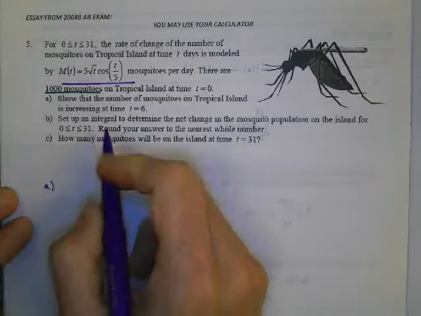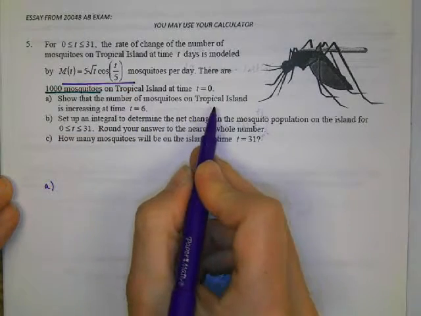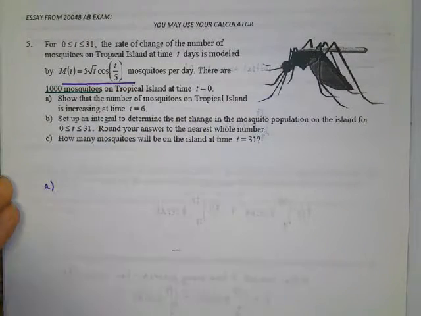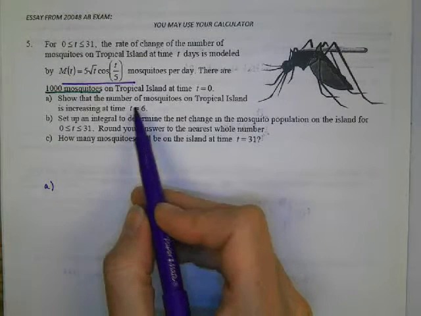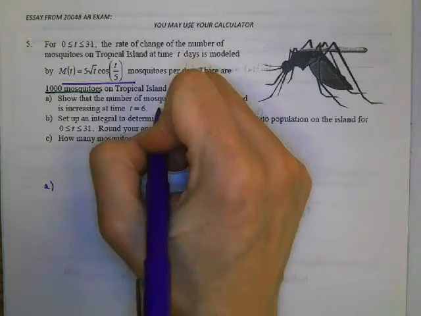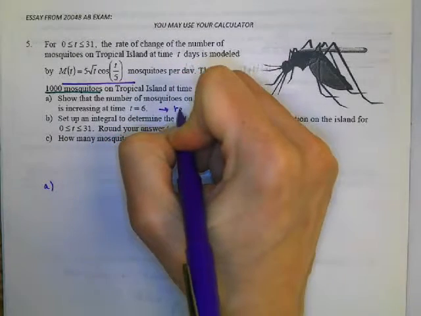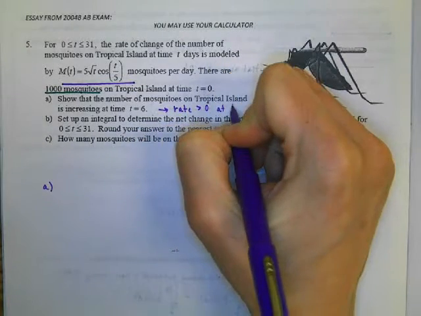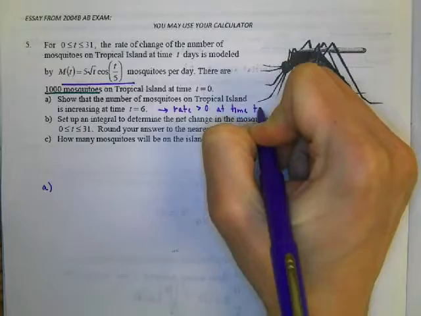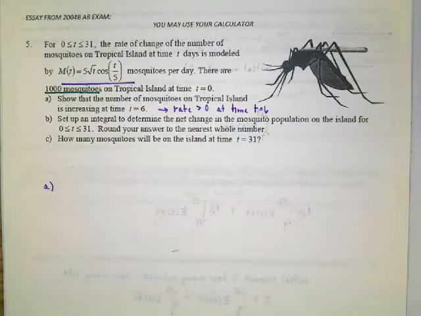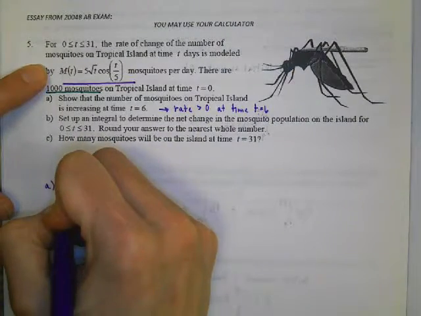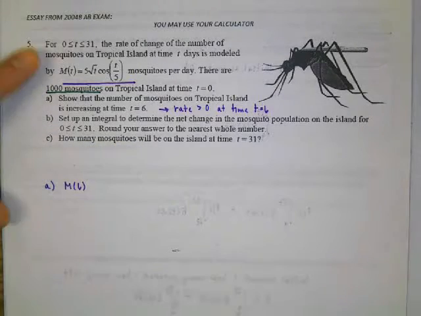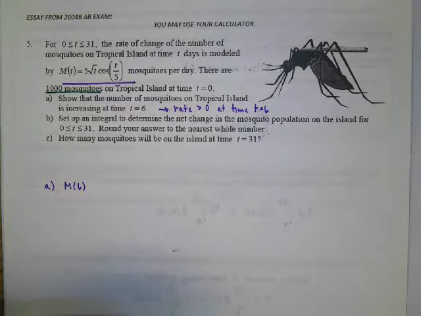So for part A, it says, show that the number of mosquitoes on Tropical Island is increasing at time t equals 6. Well, if the number of mosquitoes is increasing, that must mean that the rate is greater than 0 at time t equals 6. So to show that, I have that rate function, and all I'm going to do is calculate M of 6. I'm going to calculate that rate and show that it's greater than 0.